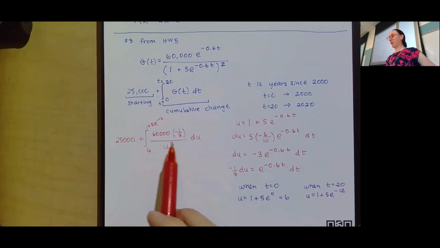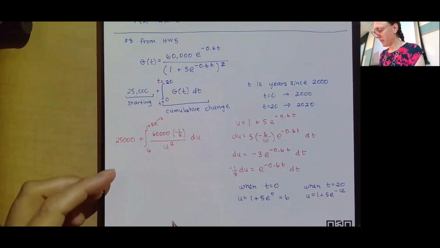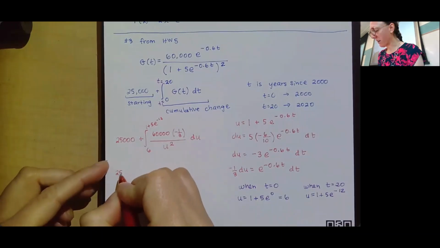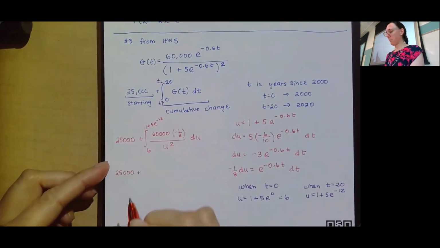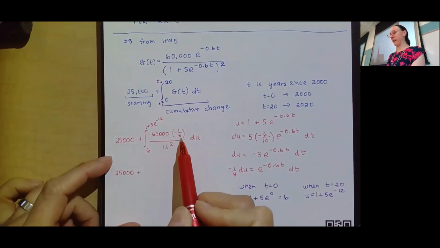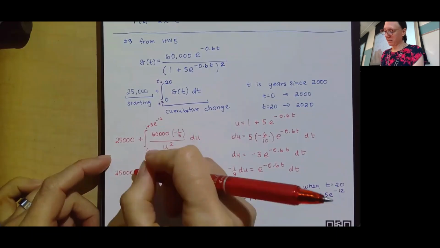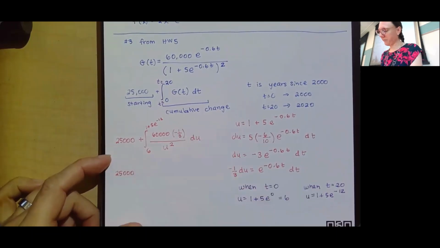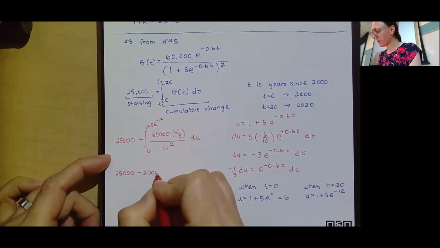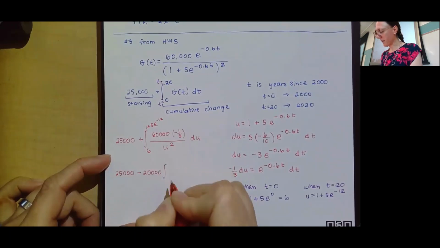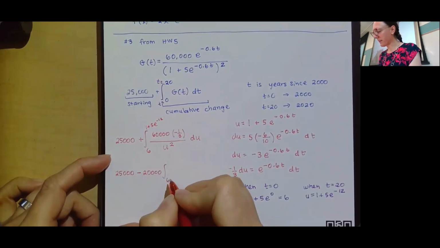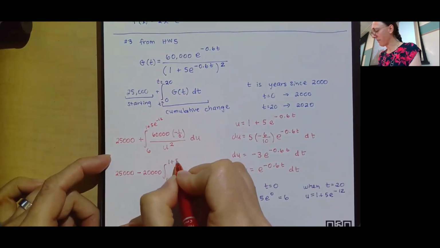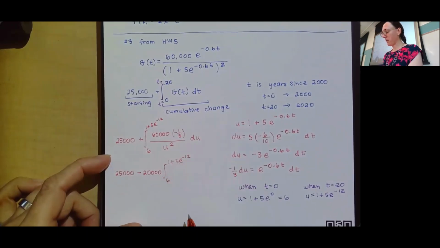But maybe I want to clean up the numbers a little bit first so it's easier to look at. Can't do anything with that 25,000 out in front yet. But I can multiply 60,000 by negative 1/3 and get minus 20,000 times the integral from 6 to 1 plus 5e to the negative 12th.